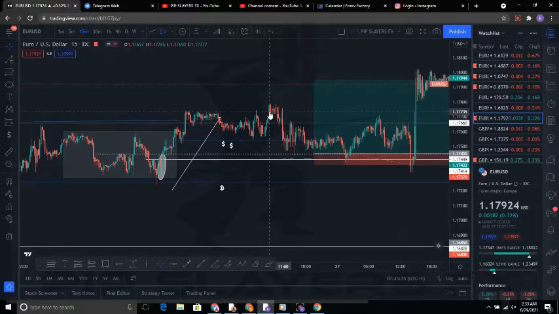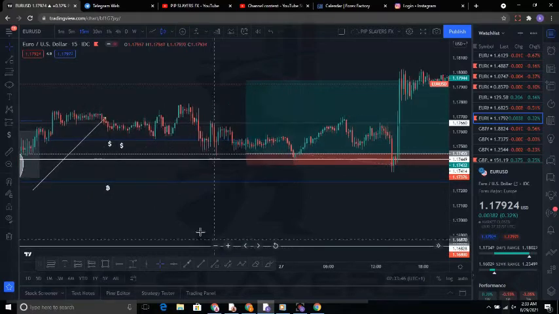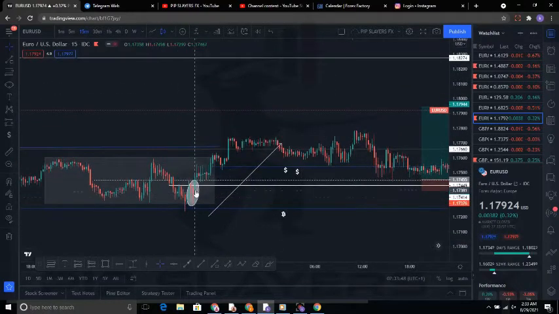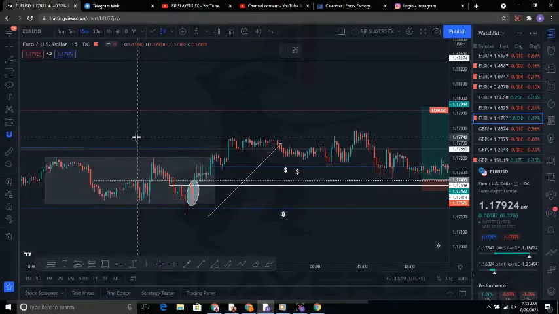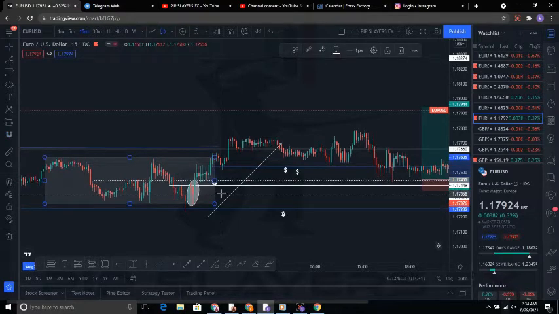The market pierced, and before this whole move happened, I looked to the left and saw this fair value gap. I'm going to annotate that. So we had a fair value gap here.